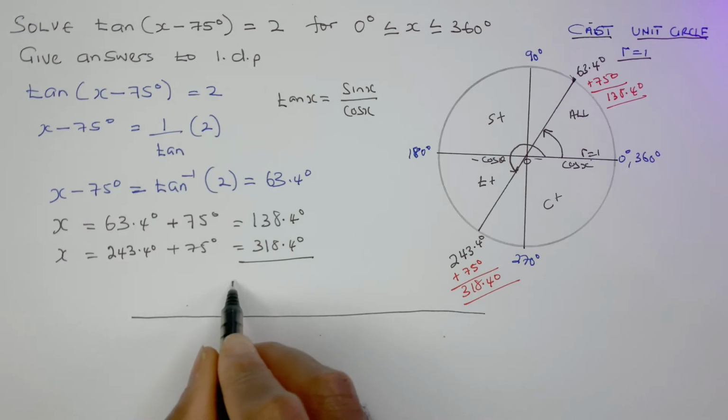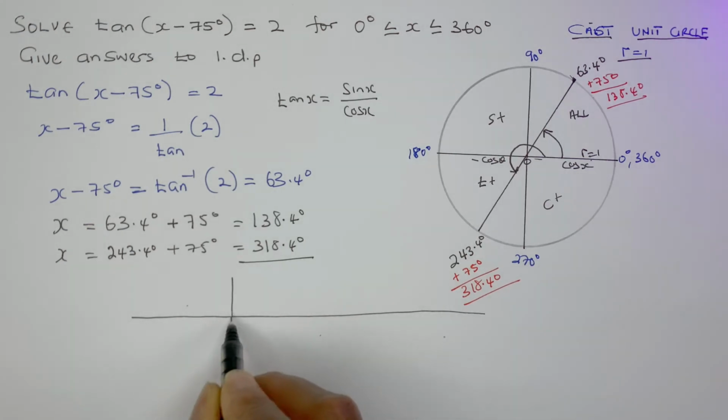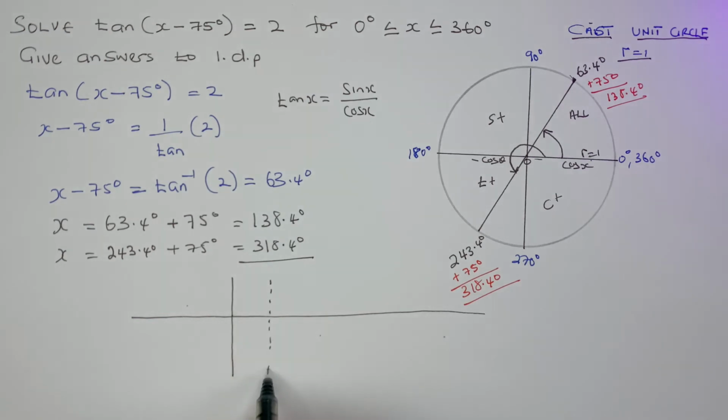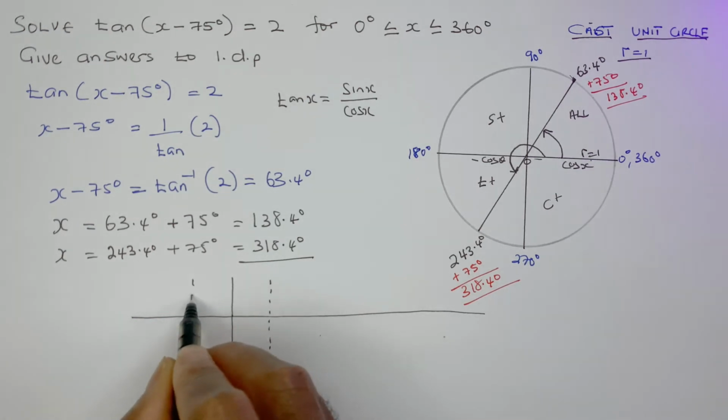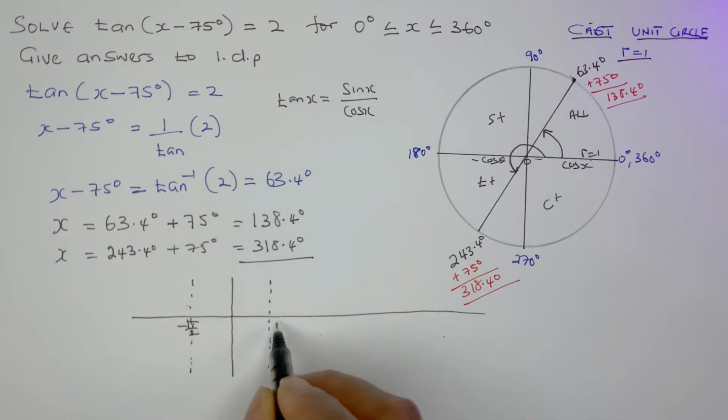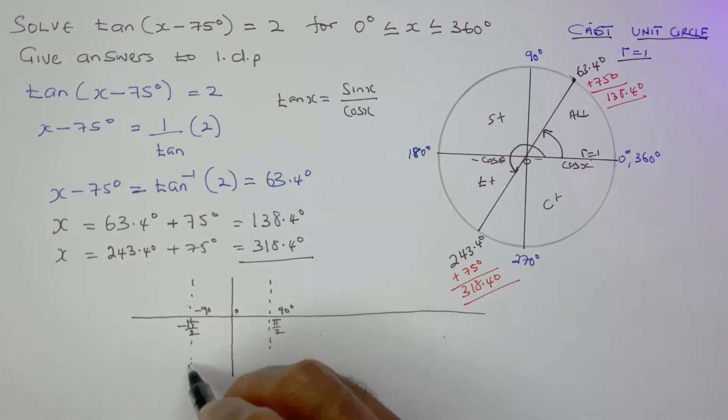So that's 0 degrees here. That's pi over 2, the line of asymptote for the tangent function. That's minus pi over 2, that's minus 90, and this is pi over 2, this is 90. And this is 0 degrees.